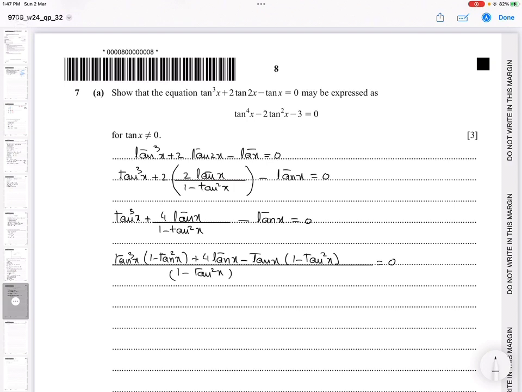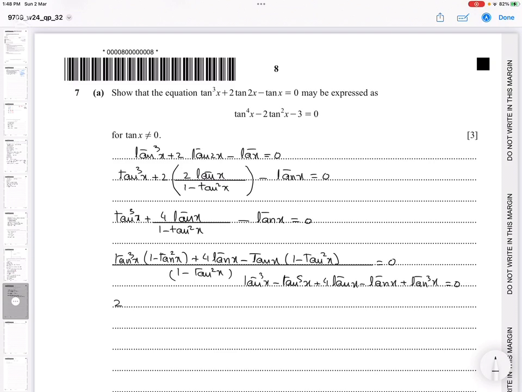So your numerator is tan cube x minus tan power 5 x plus 4 tan x minus tan x plus tan cube x equals 0.